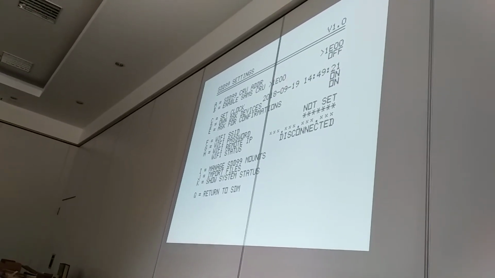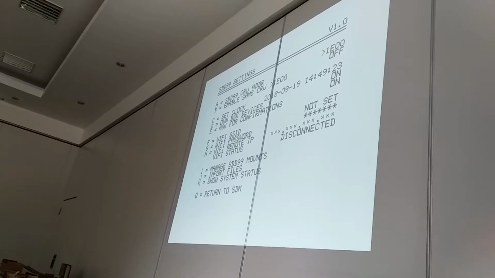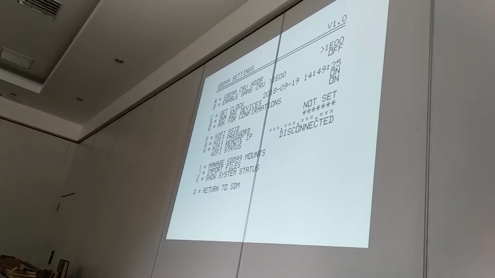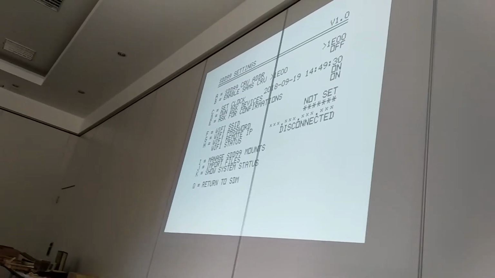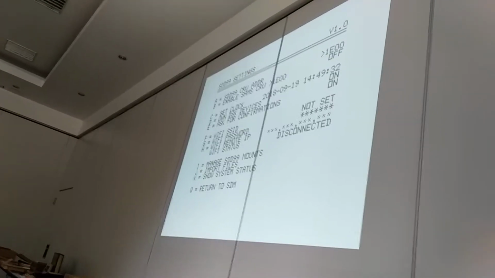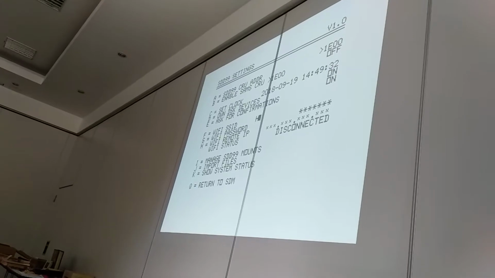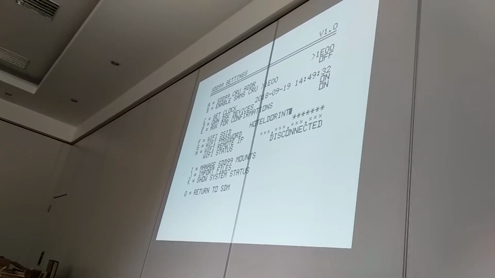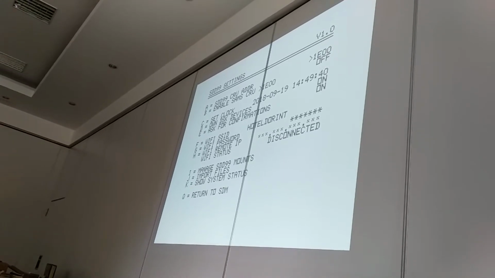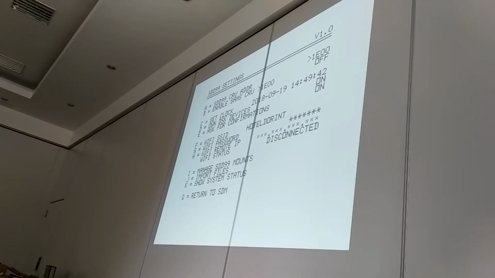Then Wi-Fi: if you want to connect to your home network, you set the SSID, for example it could be Hotel Corinth or whatever it was, and set the IP and so on.